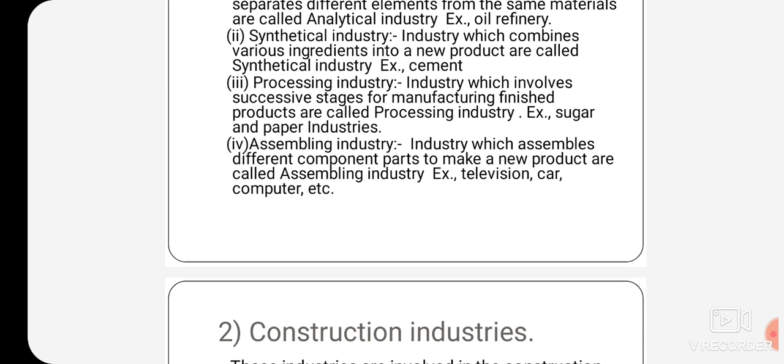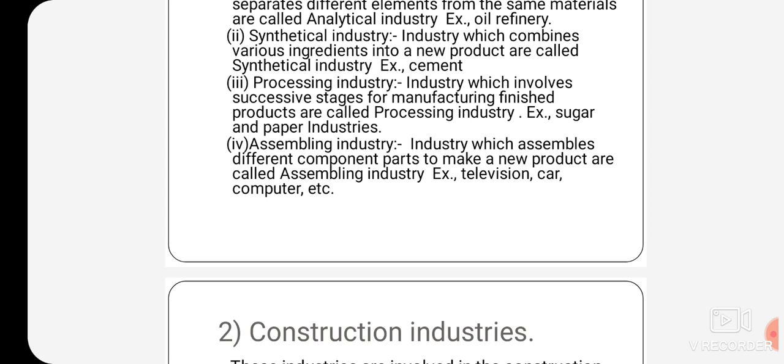Even in case of television, different components of television are imported from different nations, and we are making a product like telephone or television. Even in case of car, motor vehicles, then computers, washing machine, all these are electronic items, right? So this is about assembling industry.